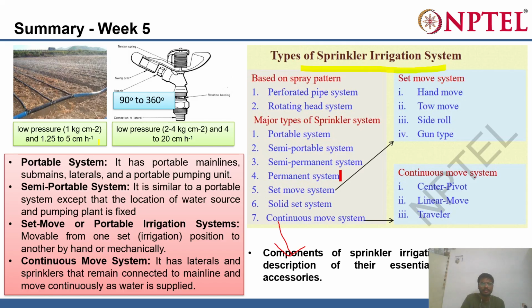So sprinkler irrigation system can be a portable system, semi-portable system, set move or portable irrigation system, and continuous move system. A portable system has portable main lines and sub mains, laterals, and a portable pumping unit, right?